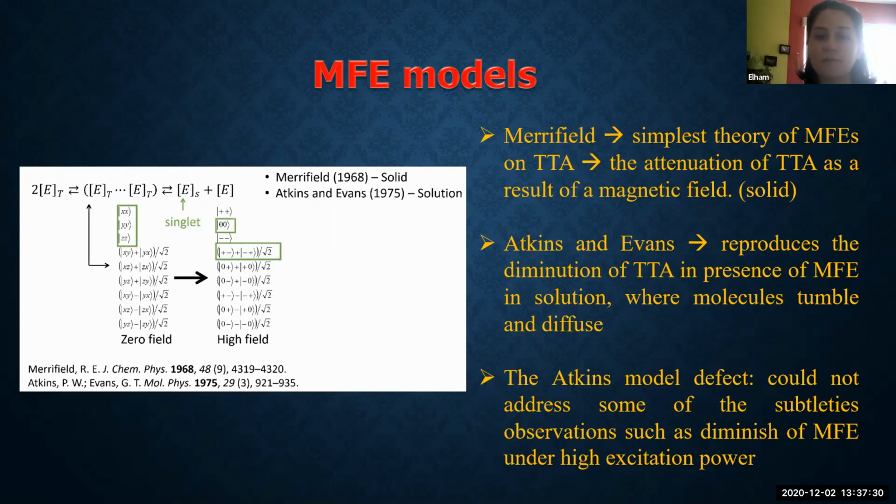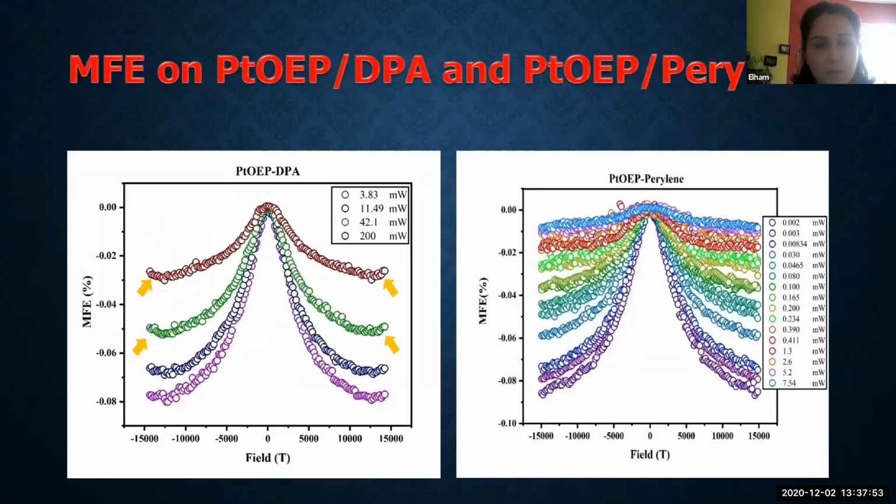Later, Atkins and Evans reproduced this in another equation model in solution, where we have some tunneling and also diffusion. But these models have a defect in that they couldn't describe the magnetic field effect at very high excitation power, which I'm going to explain a bit more.